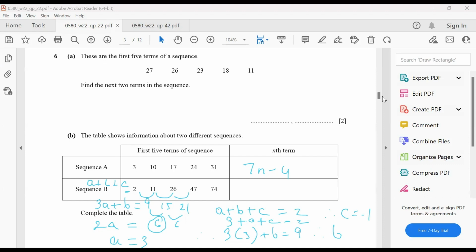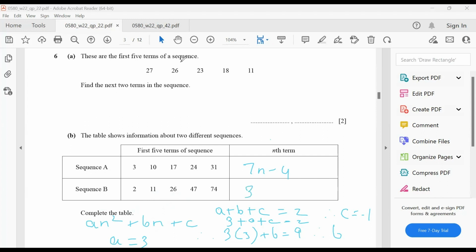So the quadratic sequence is always written as an squared plus bn plus c.